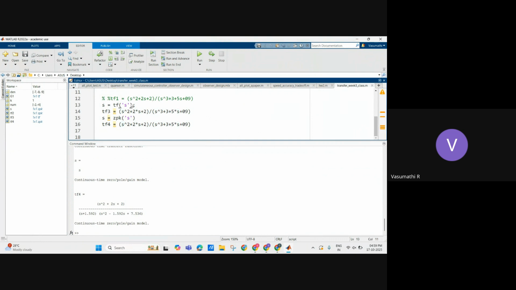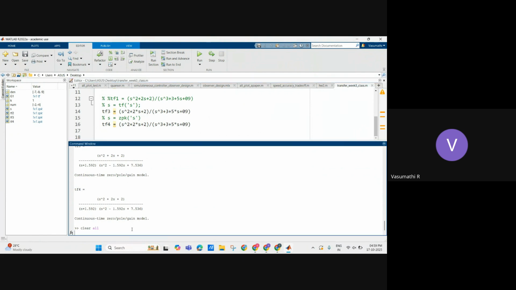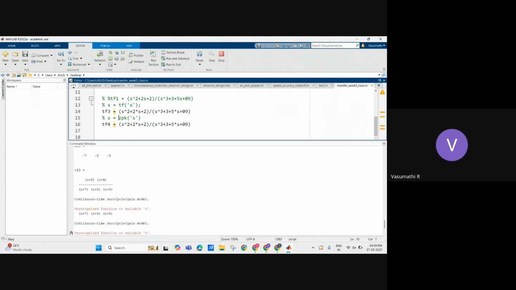If you don't define this, and if you run this program, okay, it has a memory, right? See, so the unrecognized functions or variable.